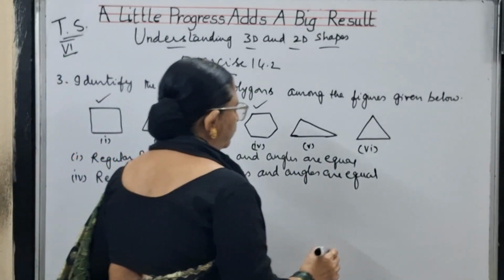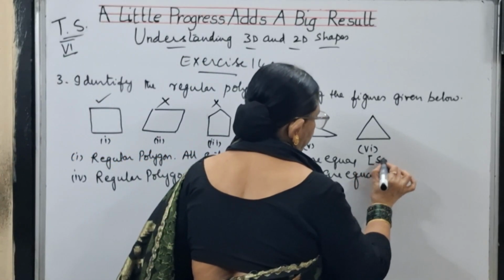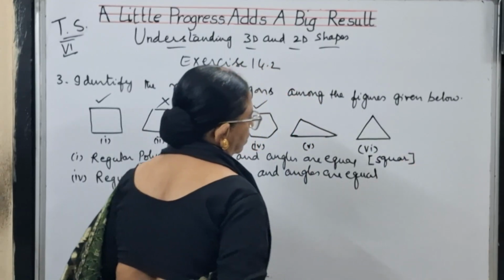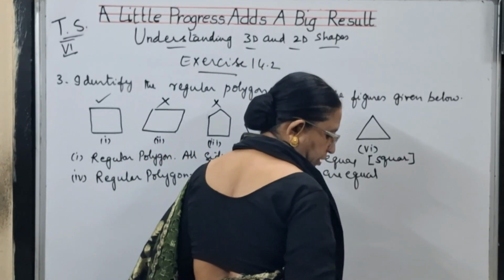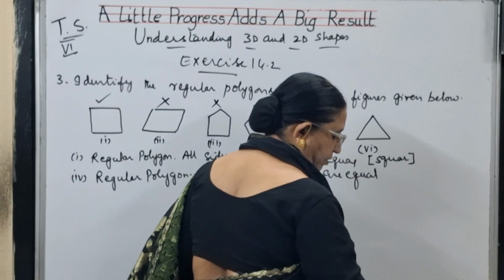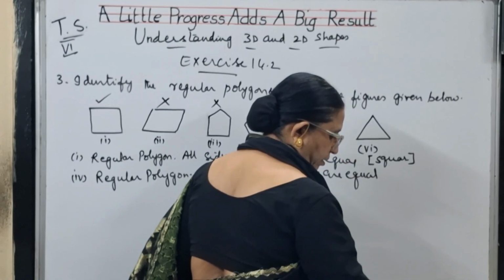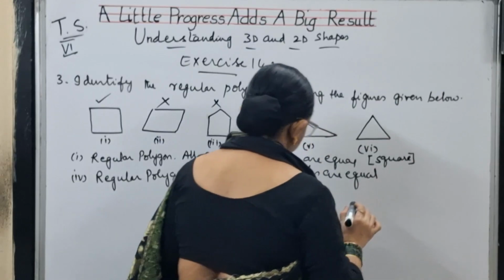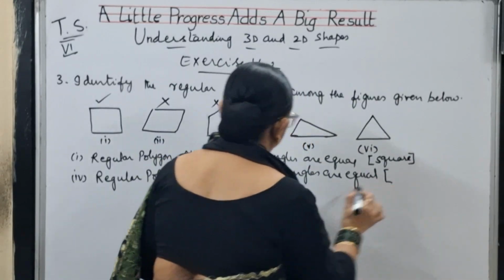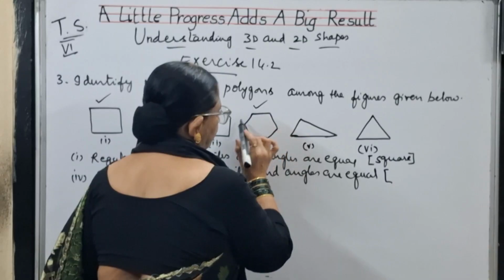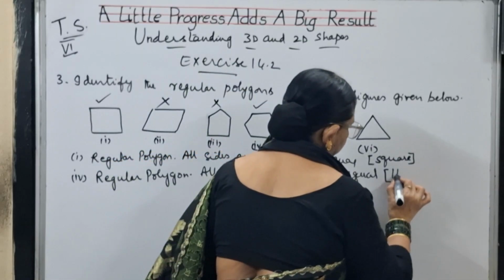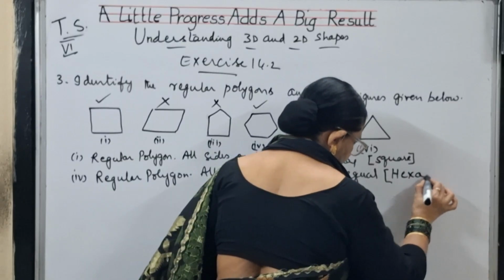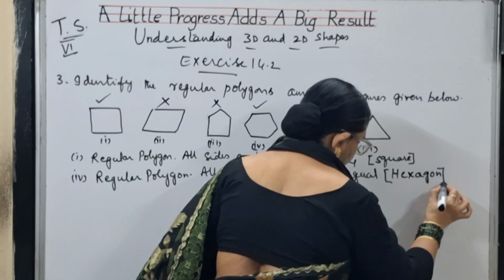First one is a square we have got. And the next one is a hexagon. Okay. The second one is a hexagon. 1, 2, 3, 4, 5, 6. So 6 sides means we call it a hexagon.